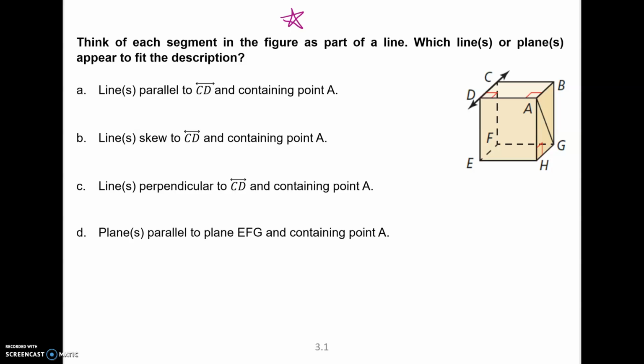It says line or lines parallel to CD containing point A. So I need something that's parallel to CD that goes through point A. In my diagram, the only thing that would be parallel that goes through point A is AB.